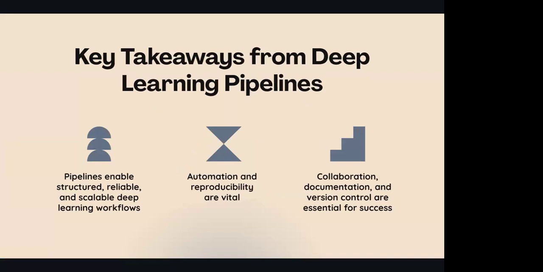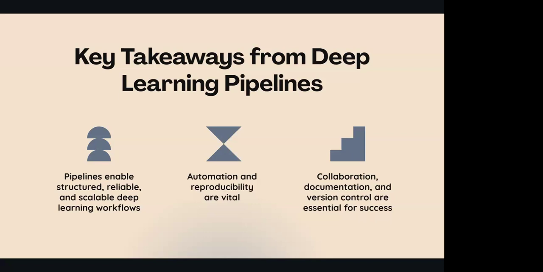So finally, the key takeaways from this recitation is pipelines will enable you to structure and make your workflows more scalable and reliable. They also help to automate and reproduce your results.